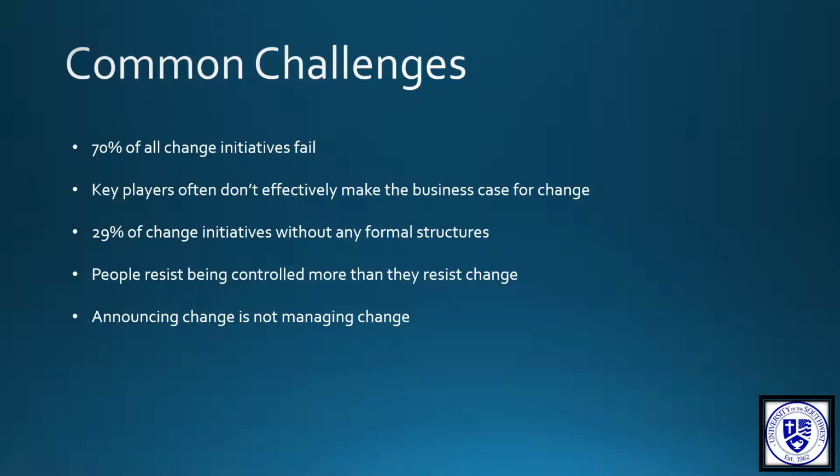They don't work out. And we also know that a lot of the key players for these types of changes are not effective at making a business case for change. We've talked in the previous units about how important it is to make the case for innovation. And since change and innovation go hand in hand, we've got to make the case to do things differently.